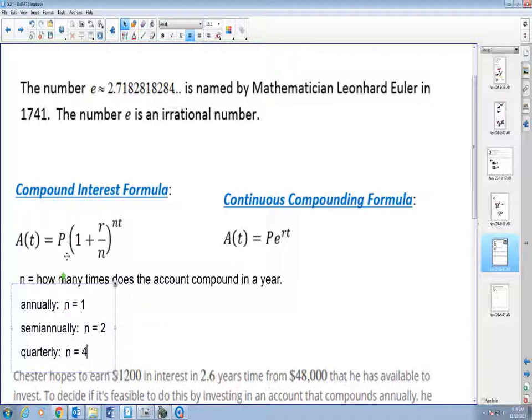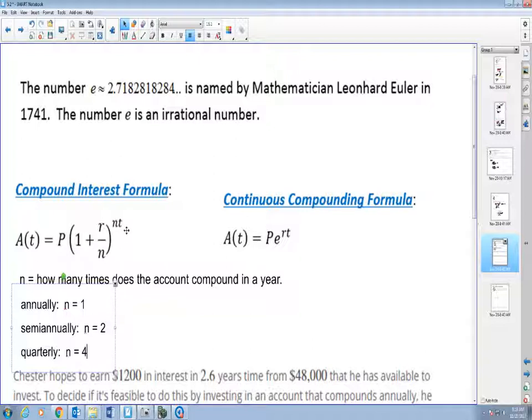So the P for the second go-around on the compounding is actually going to be higher than your initial principal, your initial investment, because I'm taking the principal plus the interest from the previous compounding period and rolling it into the following one.